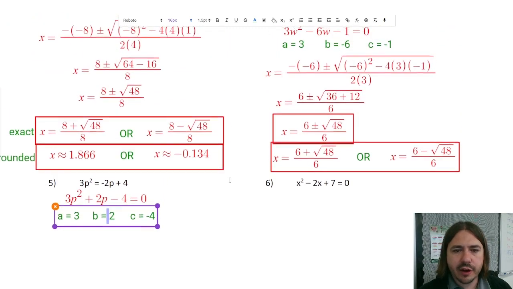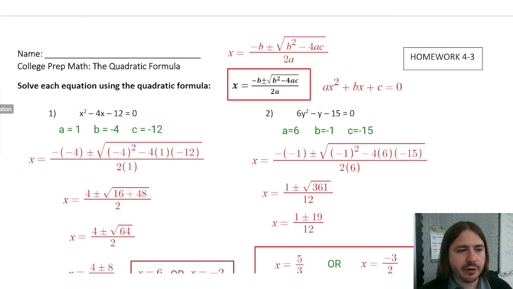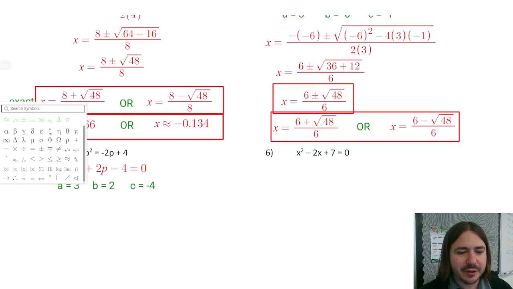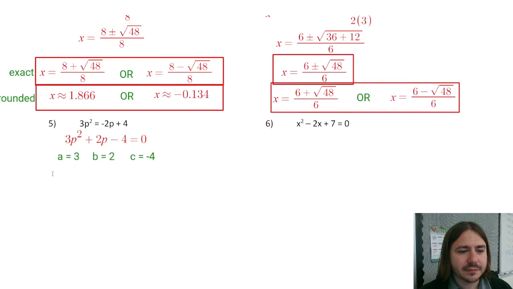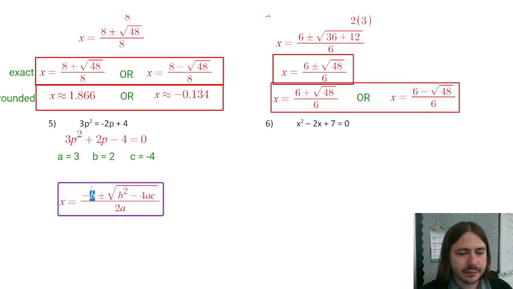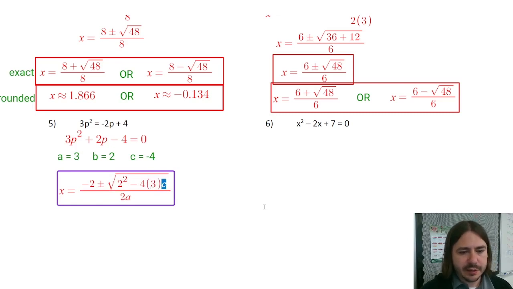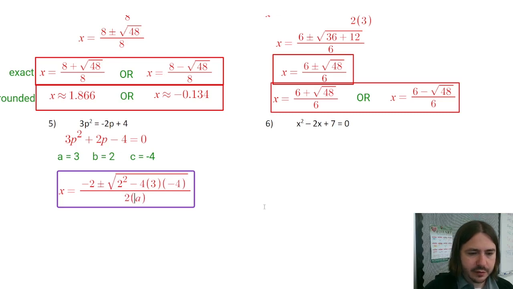Now I'll take my quadratic formula. I keep going back up here to grab it. I might need to copy this on the next page so I don't have to keep scrolling up. So I've got -2 plus or minus the square root of 2 squared minus 4 times 3 times -4, all over 2 times 3.